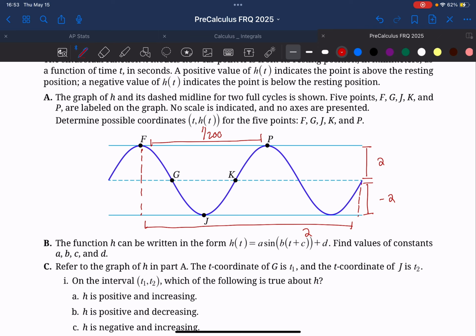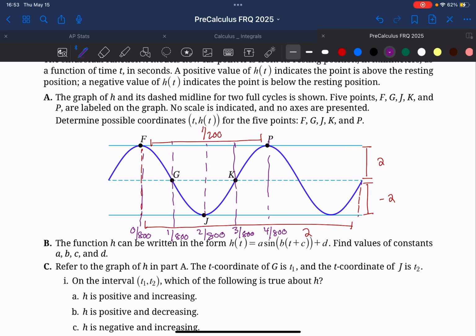So right here for J, which is the halfway point between F and P, I know that this value is going to be the halfway point of 1 over 200, which I could write as 2 over 800, which means that G is going to be at 1 over 800, and K is going to be at 3 over 800, and then P is going to be at 4 over 800, and F is going to be at 0 over 800.